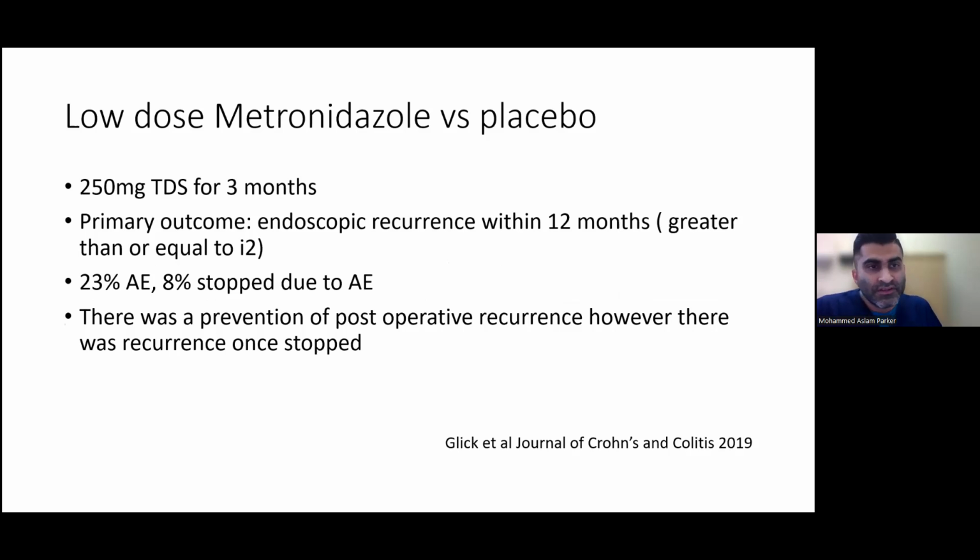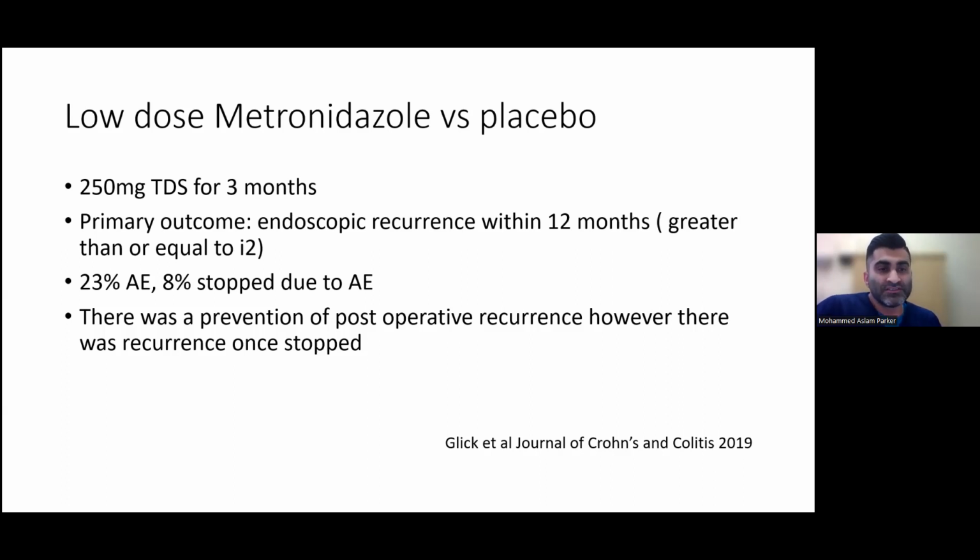There was the low-dose metronidazole versus placebo study done by Glick et al., where 250 milligrams of metronidazole was given 3 times a day for 3 months. The primary outcome was endoscopic recurrence within 12 months, which was defined as greater than or equal to i2. 23% of patients had adverse events. 8% of patients had the medication stopped due to their adverse events.